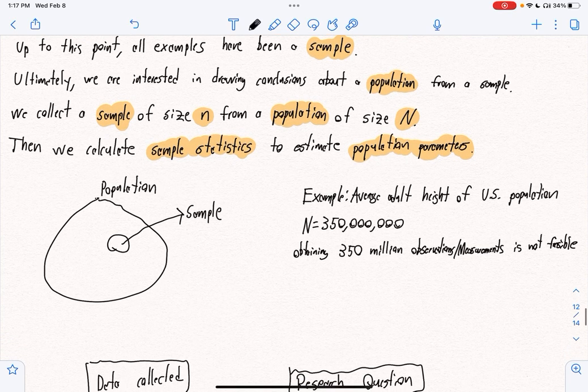And so, thus we take a sample of size little n, and it could be anything. Let's say we sample 10,000 people.